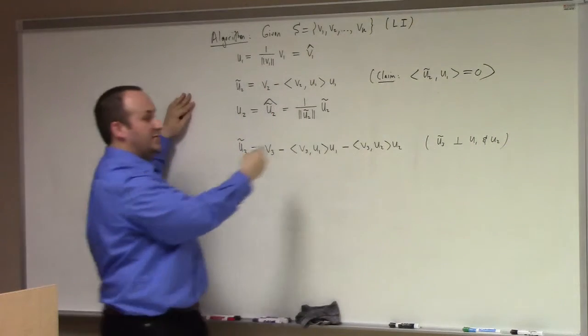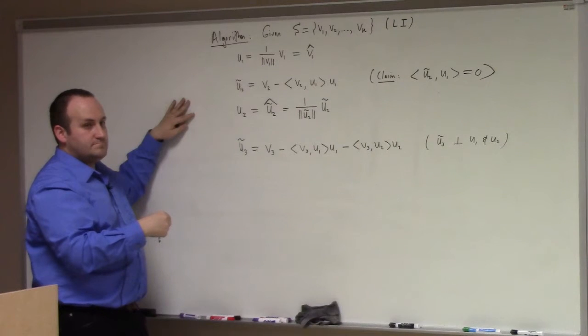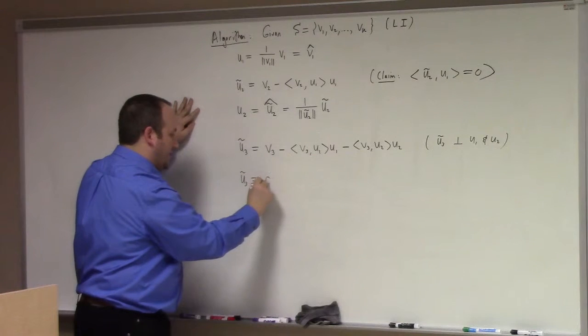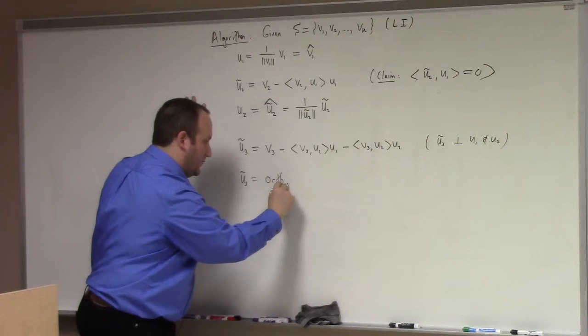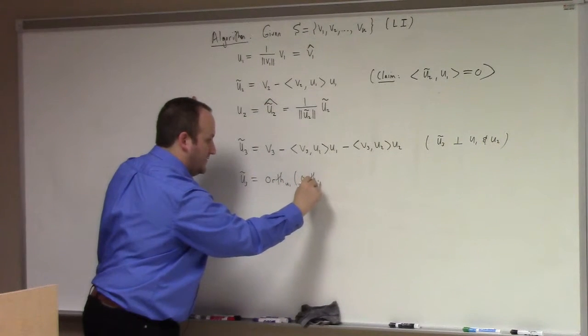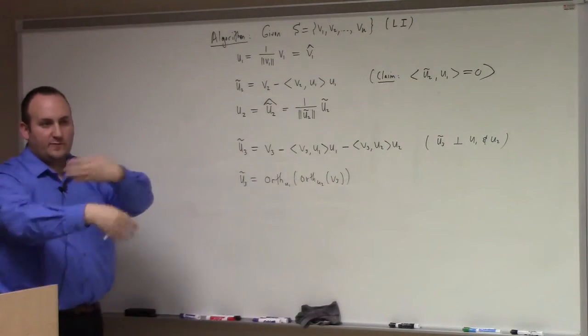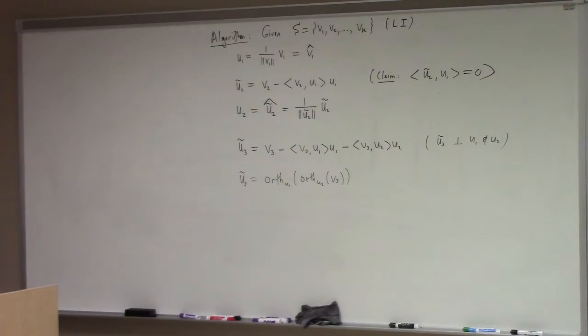That is actually following from this formula. I explain in the notes that you could think of u3 tilde as doing orth u1 of orth u2 of v3. I look at it that way. It's a composition of the orthogonal operator over and over again, one for each vector, each time orthogonalizing with respect to the operator. And what pops out of that formula is this v3 minus the inner products of the appropriate previous vectors. And if you just keep doing this, you obtain an orthonormal set.